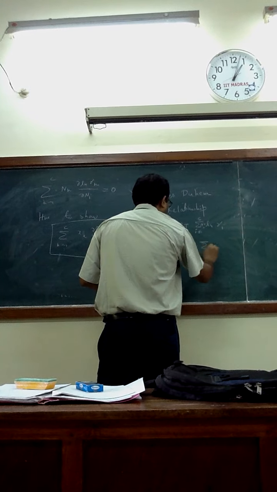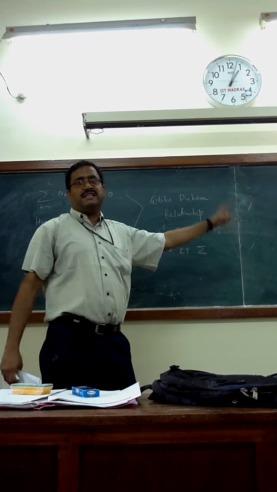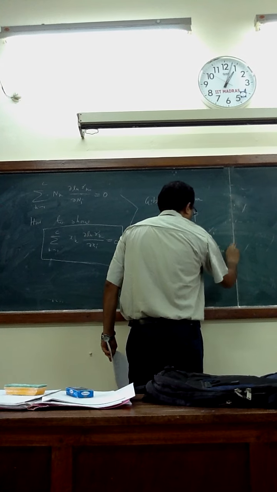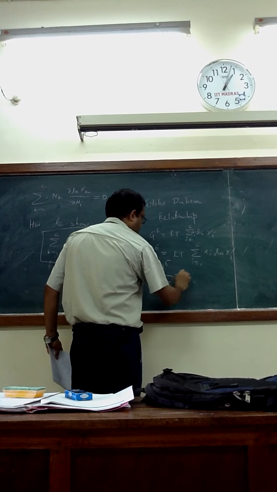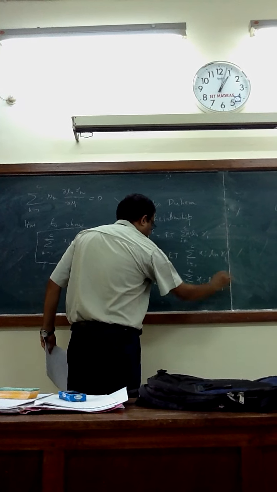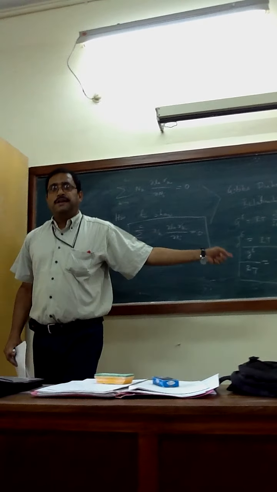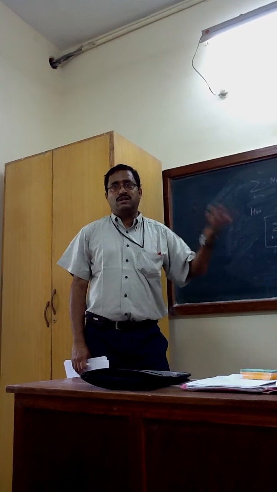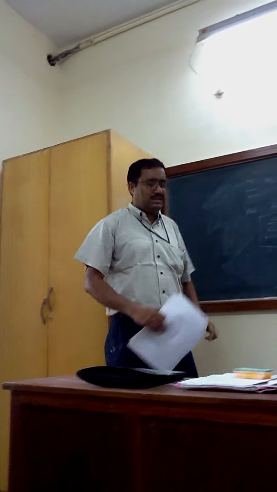Small g is very easy: divide by capital N, you get Ge/RT equals summation i equals 1 to C xi ln gamma i. So all the models in the book are given in terms of Ge/RT. The Margules equation, Redlich-Kister, UNIQUAC, UNIFAC, everything is given like this.